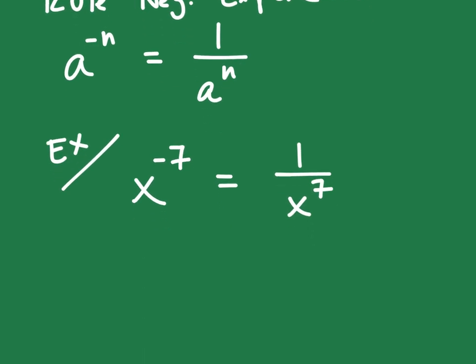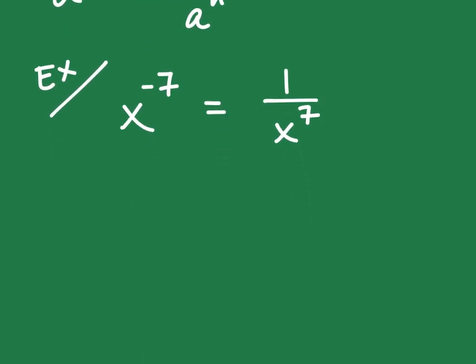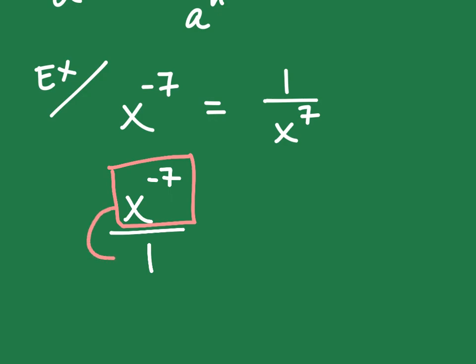Now, one of the ways that I explain this is that I write x to the negative 7, and I make this a fraction. I put that over 1. And what I do, and this is just kind of what I do in my head, but I take whatever has a negative exponent in my numerator, and I put it down into my denominator and make it positive.